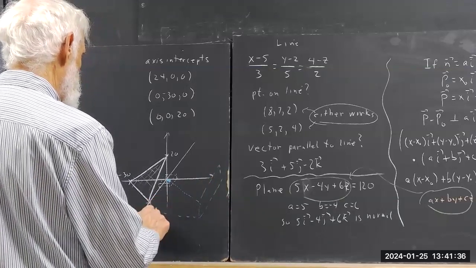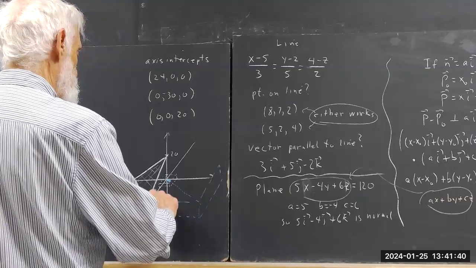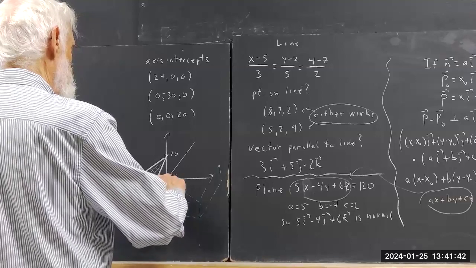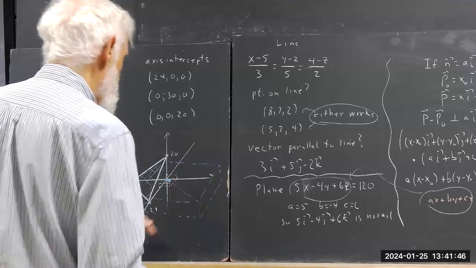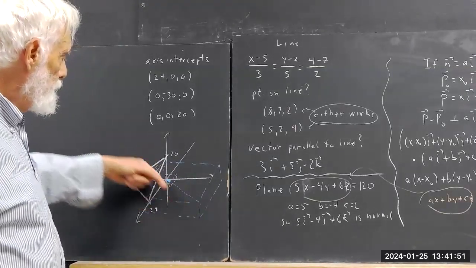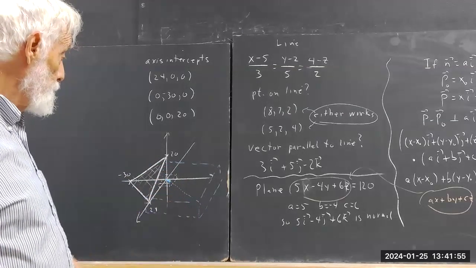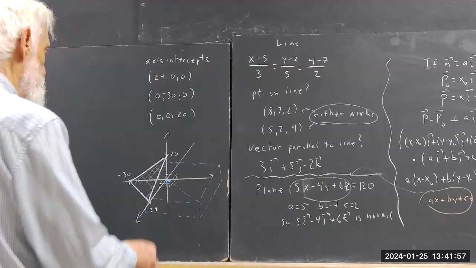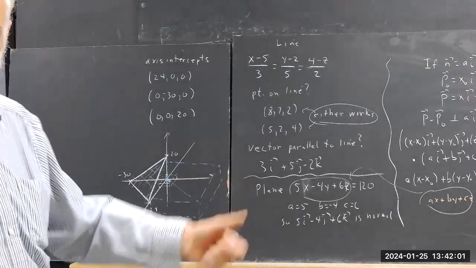I don't know how accurate it is. Okay, something like this. The line's a major diagonal in this rectangle, starting at the origin. And you should be able to make those sketches.